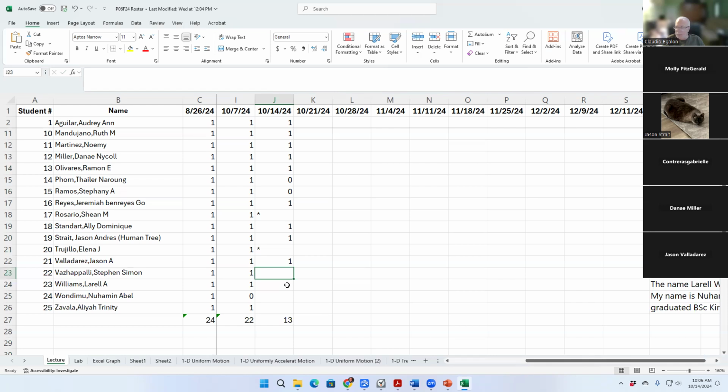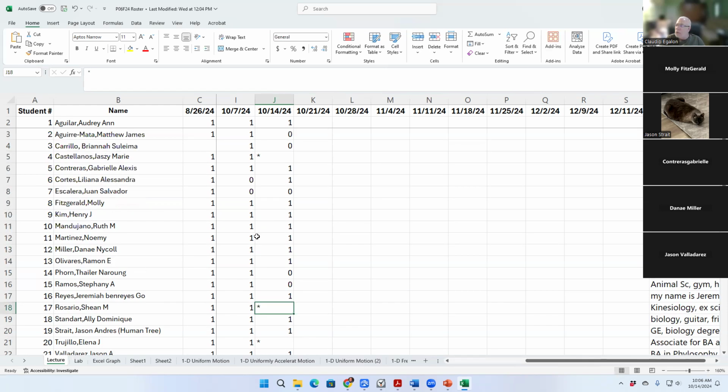Next is Stephen Vadhapali. Doesn't look like Stephen is here. Next is Larell Williams. Thank you. Let's see. Nuhamin Wandimu. I don't see Nuhamin here. Alia Zavala. Okay, 15, 16, 17, 18. Yeah, okay, so let's give another chance here.